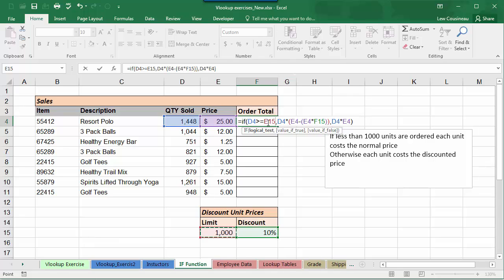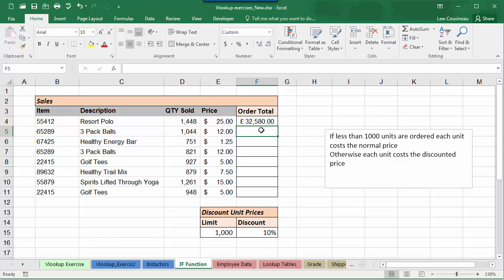So right now I'm going to hit F4 on the E15, and I'll hit F4 on the F15. And what that does is put my dollar signs to lock in those cell references. I hit Enter. I've got a custom formatting. I'll just go with the currency on that, and now we'll drag that down, and that will give us our values for all of our products.